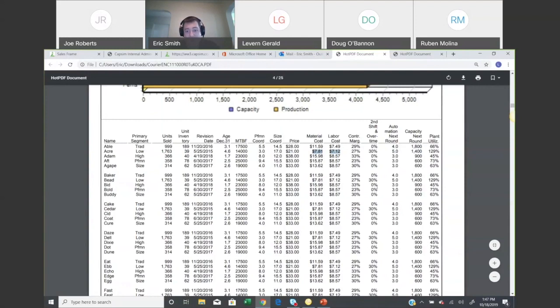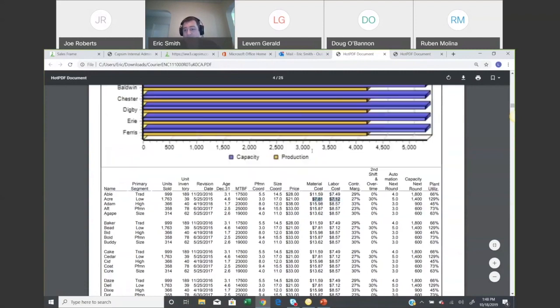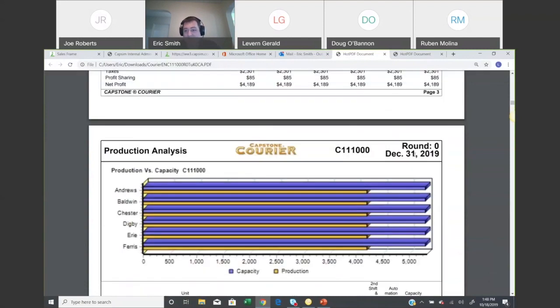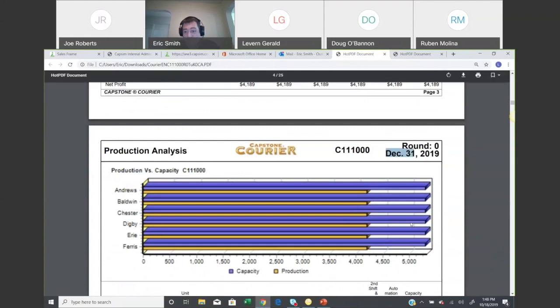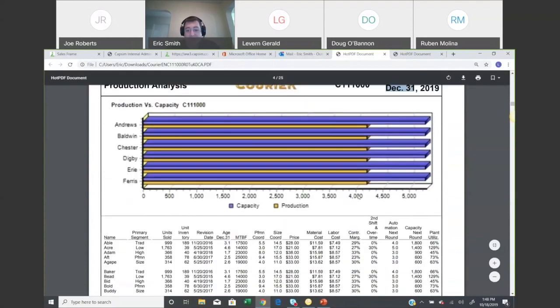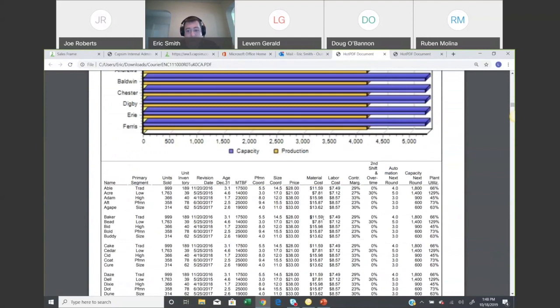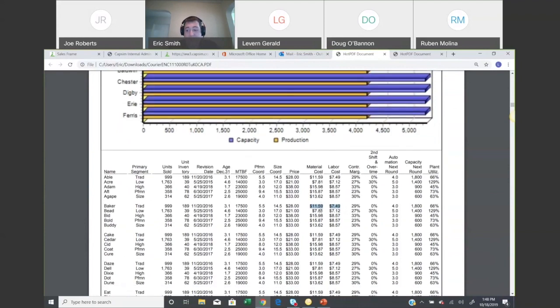We see your costs, at least how they were at the end of last year. This reflects, think of it like yesterday, before we started making decisions. On December 31st, before we started making decisions, this is how much it cost us to build our product. That's very useful information to know when I'm trying to determine my price for this year.